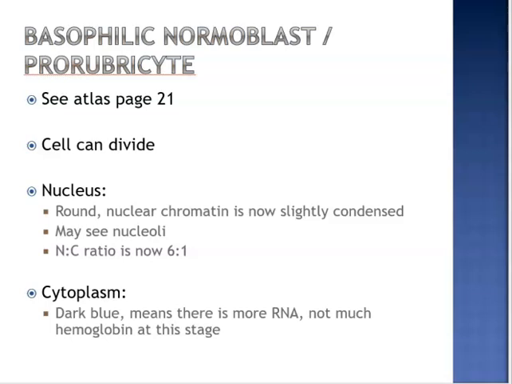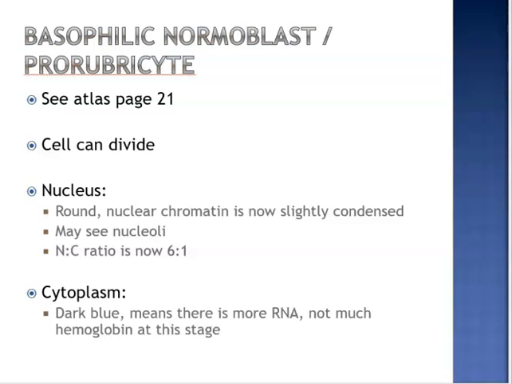You may see nucleoli, and the N:C ratio, or the nuclear to cytoplasmic ratio, is now 6:1. So that nucleus is not as big as it was in step 1, so it's not taking up as much space in the cell. The cytoplasm is dark blue, which means there's more RNA present, and there's not as much hemoglobin at this stage. If there was more hemoglobin, there would be more of a pinkish or red color.